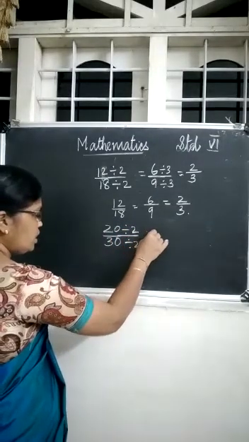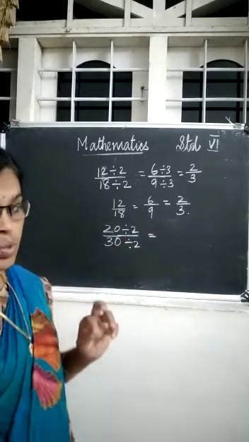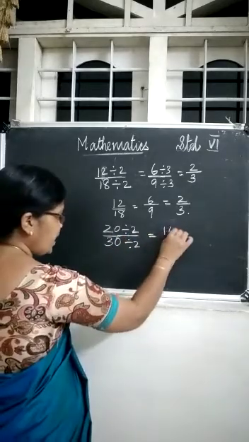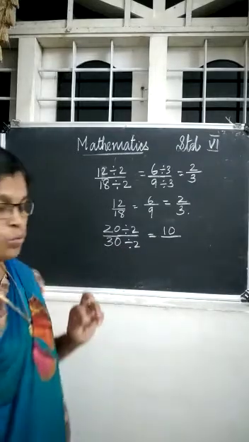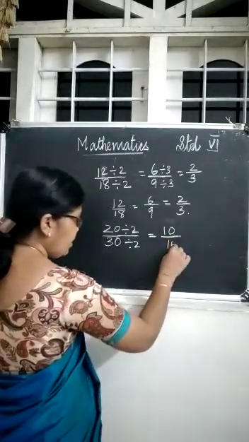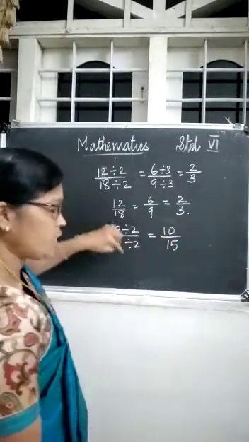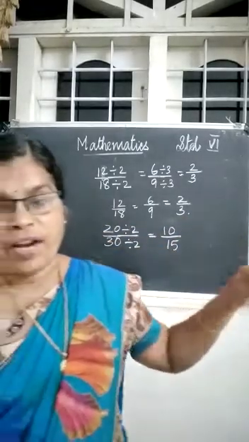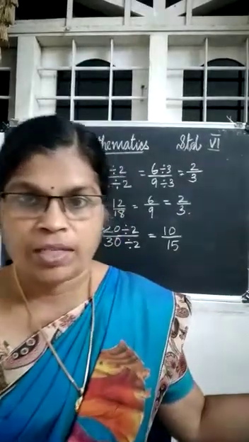In 20 how many 2s are there? 10 2s are 20. So we can write 10 by, in 30 how many 2s are there? 15 2s are 30. 15. See here, the equivalent fraction of 20 by 30 is 10 by 15, right?